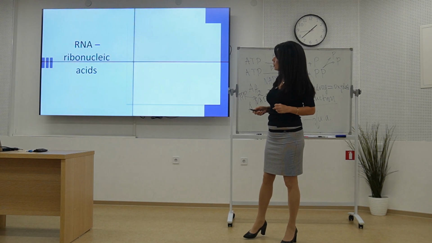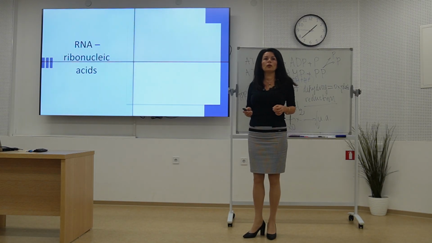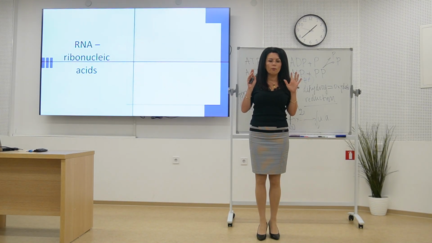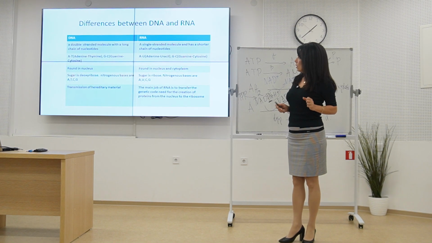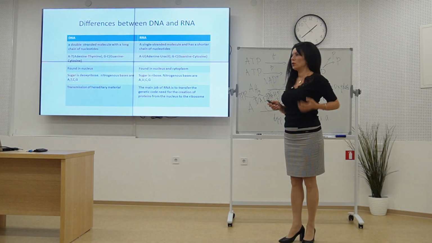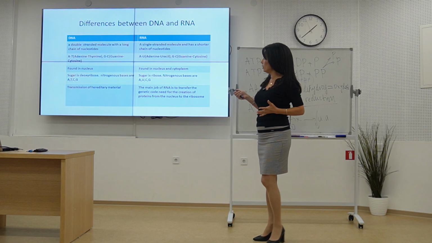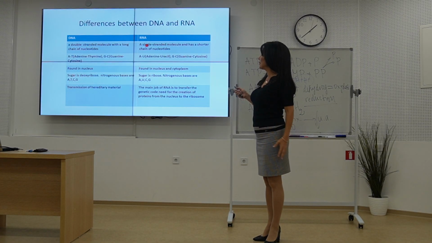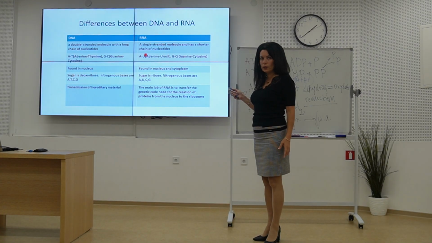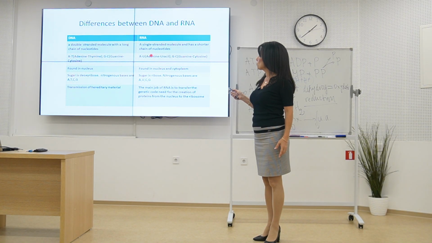And in the end, something about RNA, ribonucleic acid, but only from the biochemical point of view, with no other details. First, I think you know the differences between DNA and RNA. DNA is a double-stranded molecule with a long chain of nucleotides. RNA is a single-stranded molecule with a shorter chain. You know the participation of adenine and thymine, but here it is adenine and uracil in RNA.